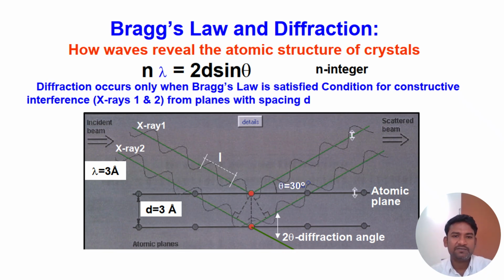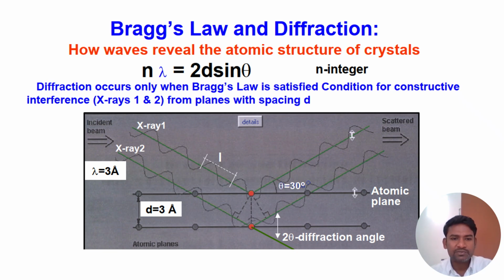This is constructive, meaning X-ray 1 and X-ray 2. When the incident beam lambda is equal to 3 angstrom and d is equal to 3 angstrom, when these two match, the diffraction occurs in a particular way, that's called constructive interference.